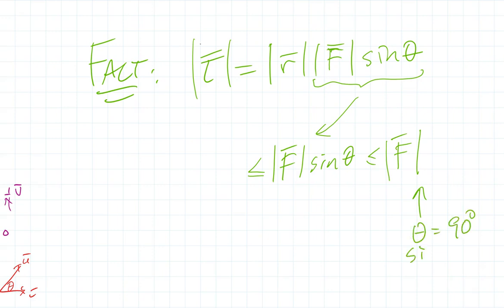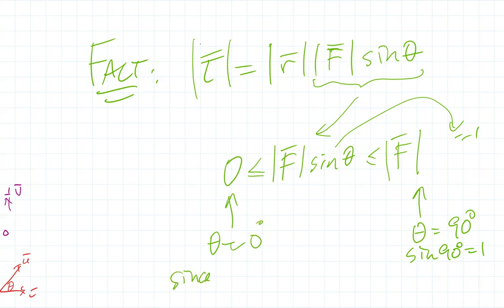So then sine of 90 is 1, so the sine of theta just becomes 1 there. And then it's also greater than 0, and this is when theta equals 0, since sine of 0 is 0.